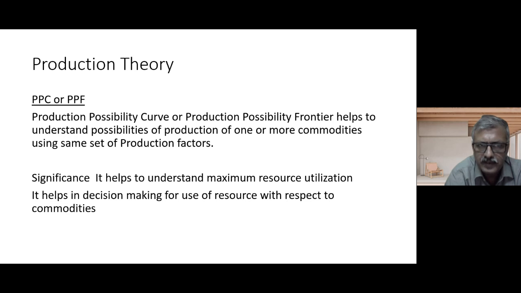Before we understand this short run and long run production, it is important for us to understand PPC or PPF. The full form of PPC is production possibility curve. It is also called production possibility frontier. So let's understand what is production possibility curve, or the synonym PPF, production possibility frontier.